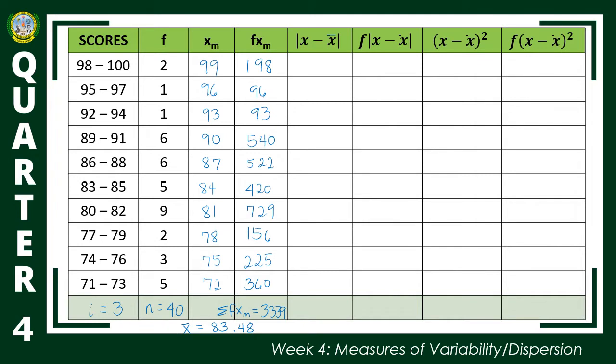Okay, gagawin natin siyang positive. So, isa-isahin natin. 99. Since positive naman lahat ng makukuha, unahin natin i-type sa calcu ang 83.48. Kasi ang gamit ko po ngayon ay scientific. So, 83.48 minus 99. So, siya ay negative 15.52.